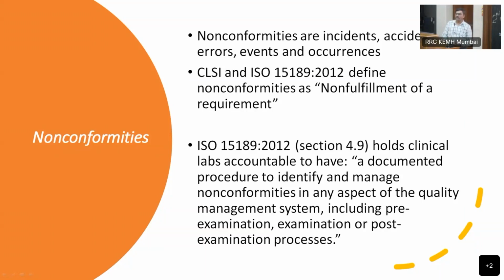Now the standard has been completely revamped. They have introduced almost 80 clauses. The first 3 are the same, 4 is the general clause, 5 is related to governance, 6 to resource requirements, 7 to process requirements, and 8 to quality management.